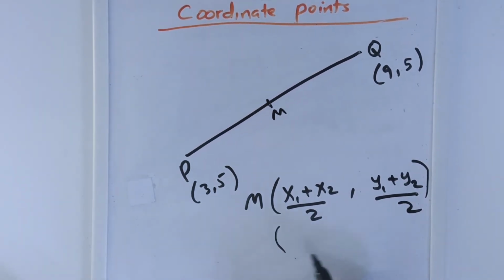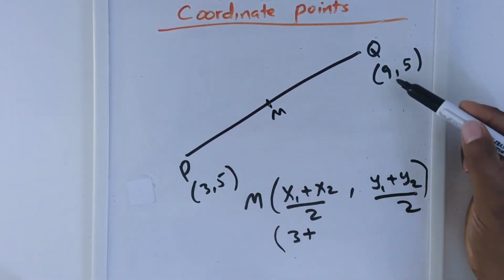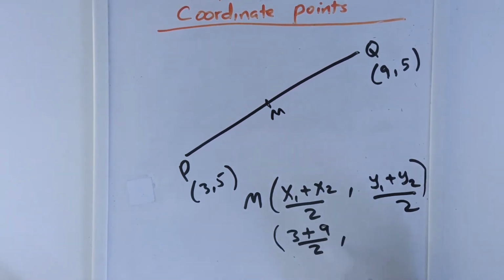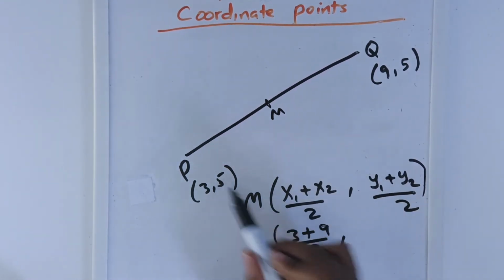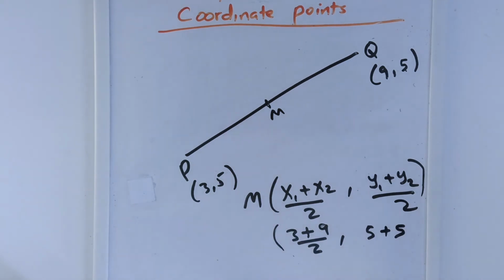What is our x1 in this case? x1 is 3 plus, what is our x2? x2 is 9 divided by 2. What is our y1? y1 is 5. What is our y2? y2 is also 5.